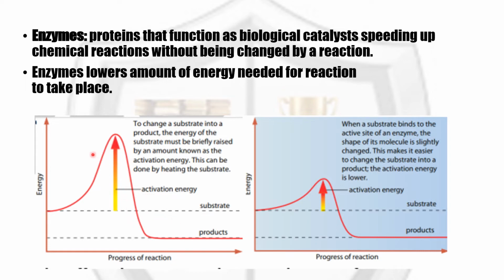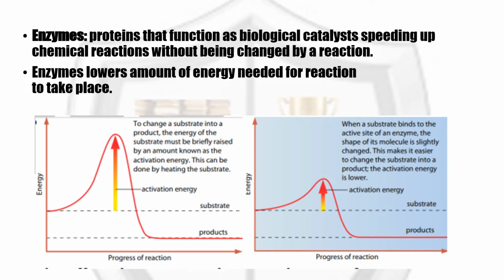So what enzymes will do, they will lower the activation energy such that the energy required to initiate this reaction is now much lower than was required before the introduction of the enzymes. So enzymes lower activation energy, and therefore they enable reactions to occur at a fast rate.